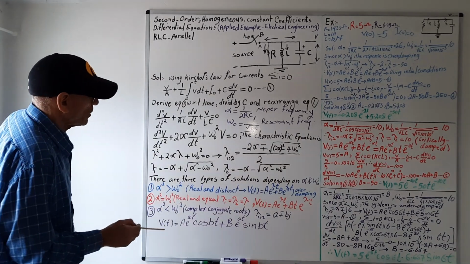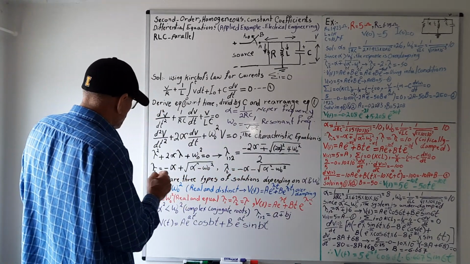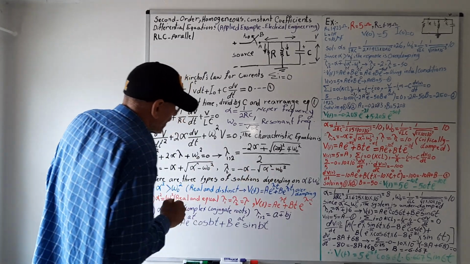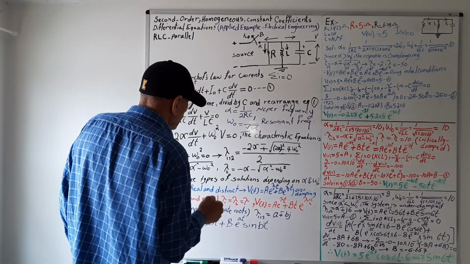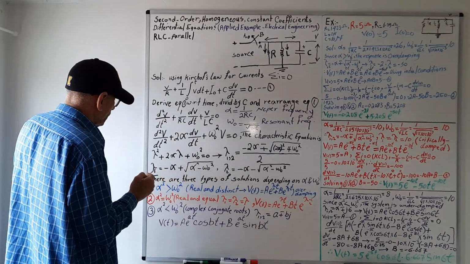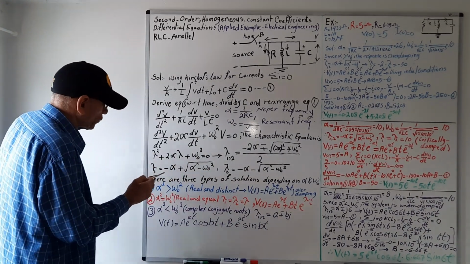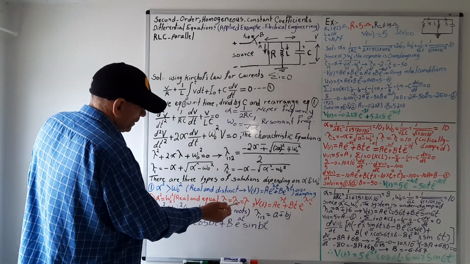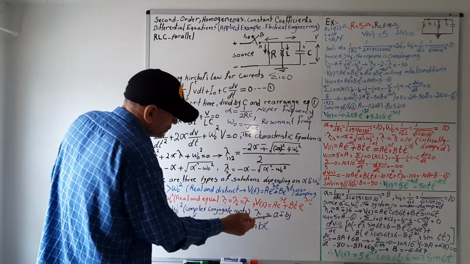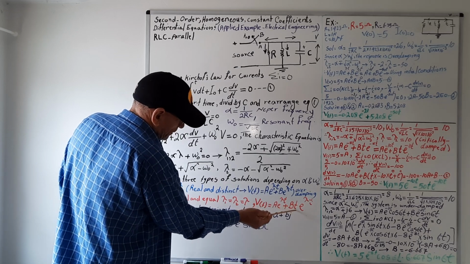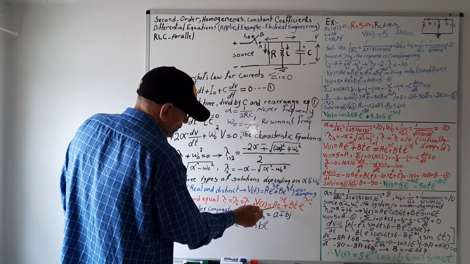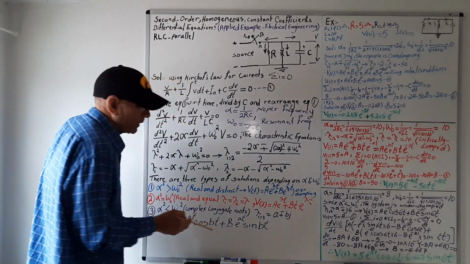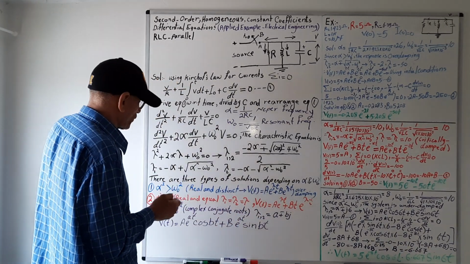The second case is when alpha squared equals omega naught squared. In this case this term will be 0, so we will have two equal roots, lambda 1 equal lambda 2, and the solution will be this. We just put t here, and these are the constants A and B, which we find from our initial conditions.